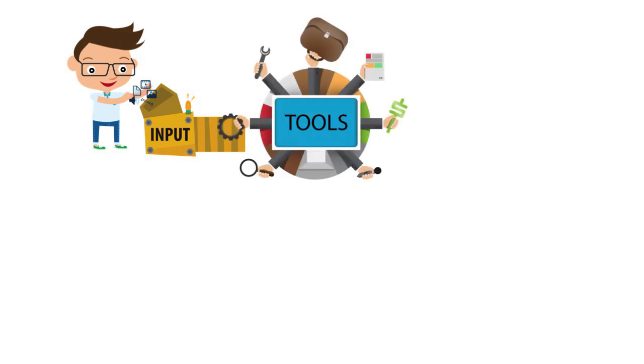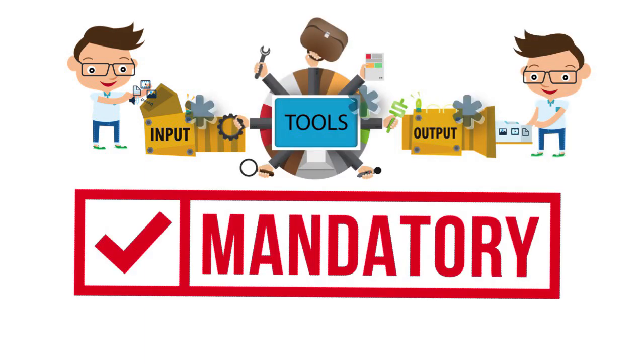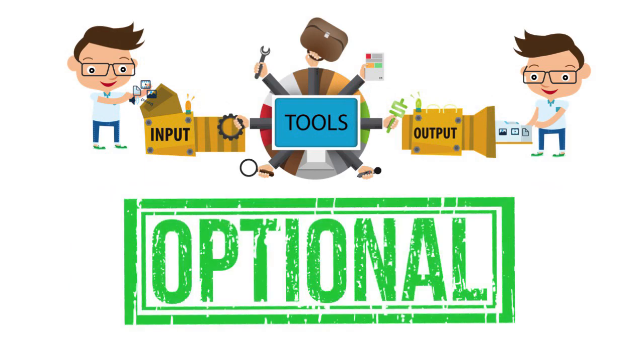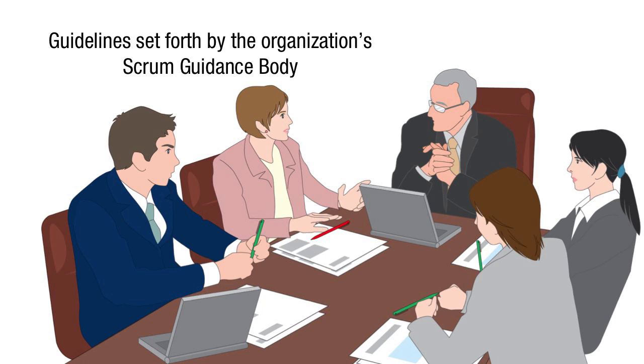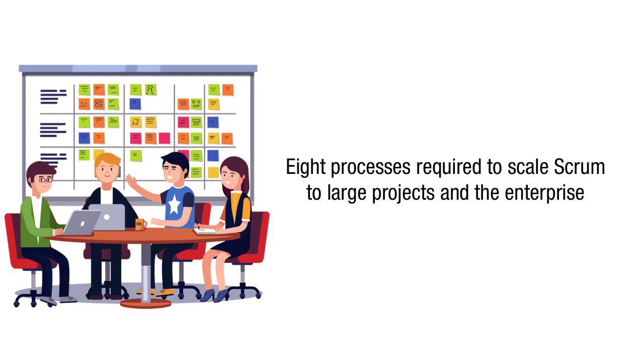Some inputs, tools, and outputs are mandatory and are indicated as such with asterisks. Others are optional, depending on the specific project, organizational requirements, and/or guidelines set forth by the organization's Scrum Guidance Body, or SGB.